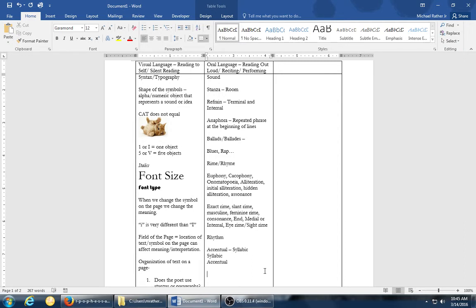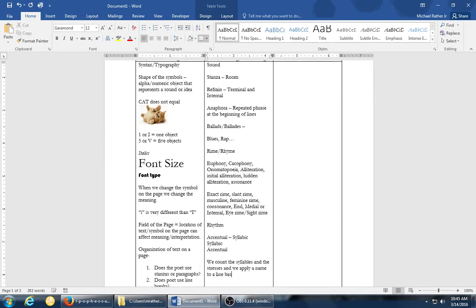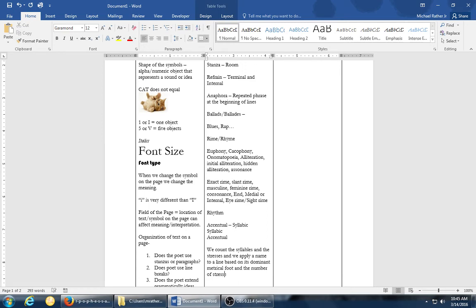What this means is we count the syllables and the stresses, and we apply a name to a line based on its dominant metrical foot and the number of stresses in the line.